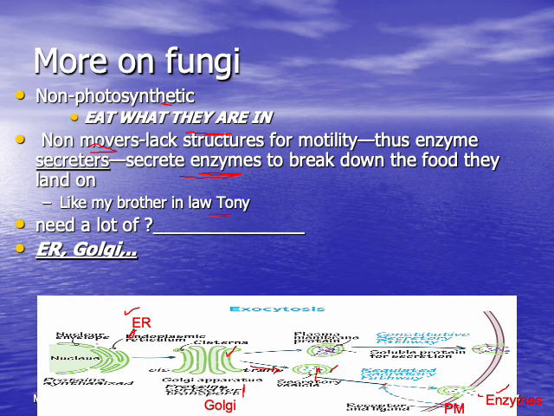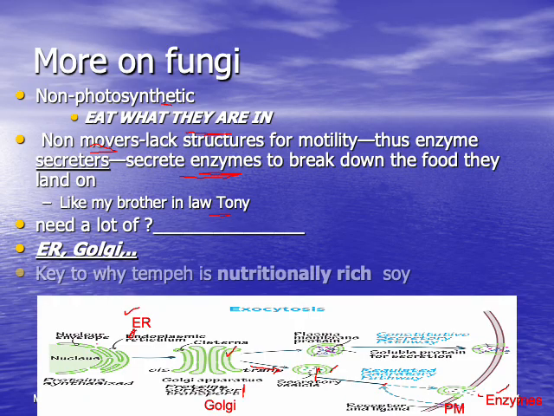And this is why tempeh is so nutritionally rich. Tempeh is just soybeans being broken down by the enzymes of the mold growing through them. The mold, by the way, a little cocktail party comment, is called Rhizopus. That's the genus, but that's not a big deal.